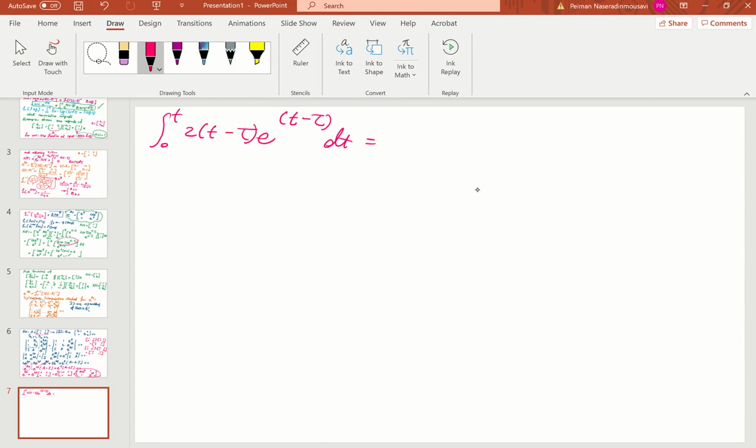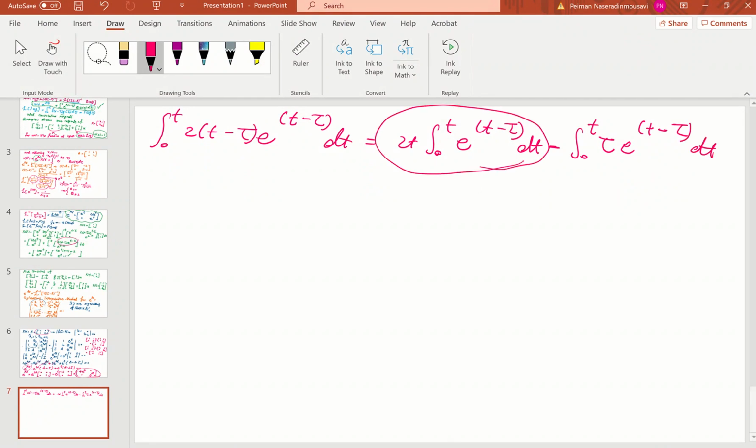This can be written as integration from 0 to t of 2t e^(t minus tau) d tau minus integration from 0 to t of tau e^(t minus tau) d tau. This is very trivial, right?